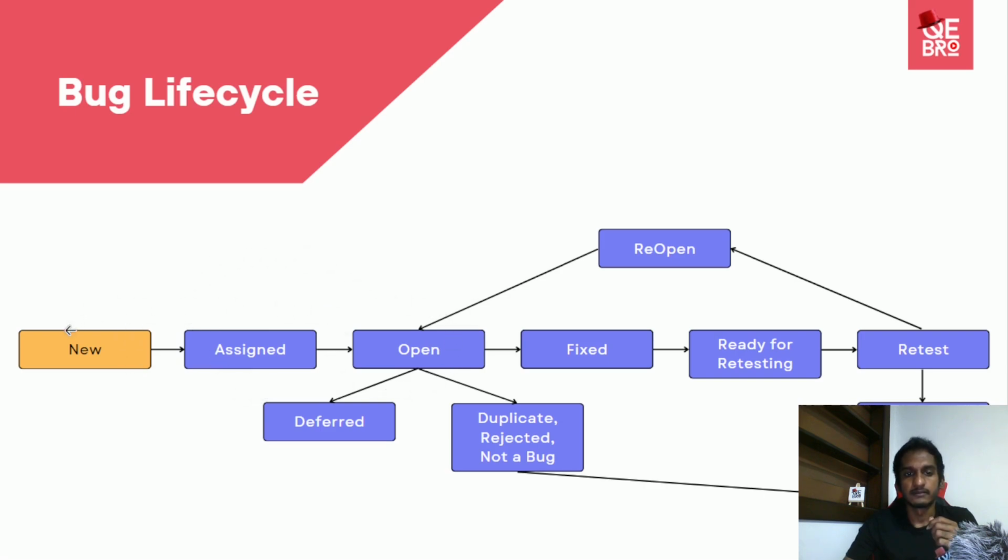So at the initial stage, these three can be done directly, because if you know the person to whom this should be assigned, then you can directly assign it and put it in open. Or if not, if we are going to put these bugs in the backlog for grooming, you can start with the new state.